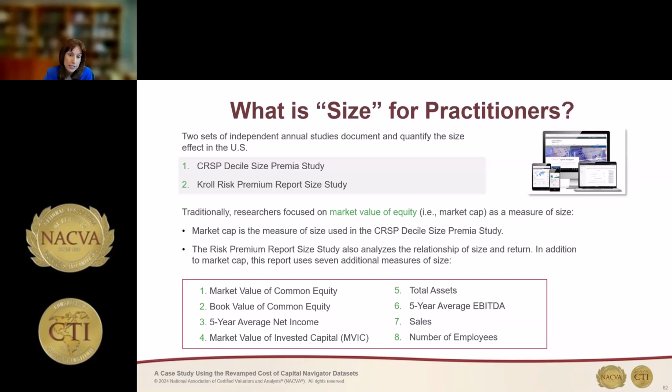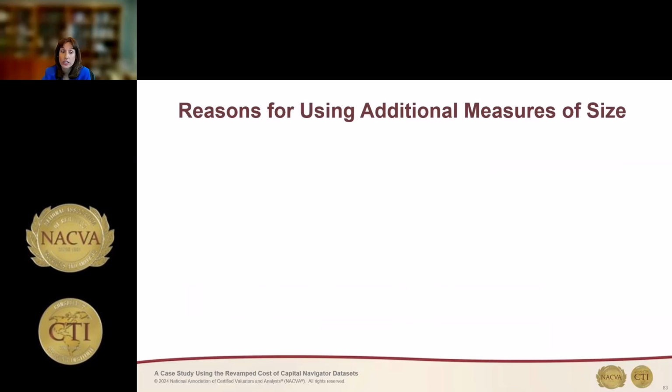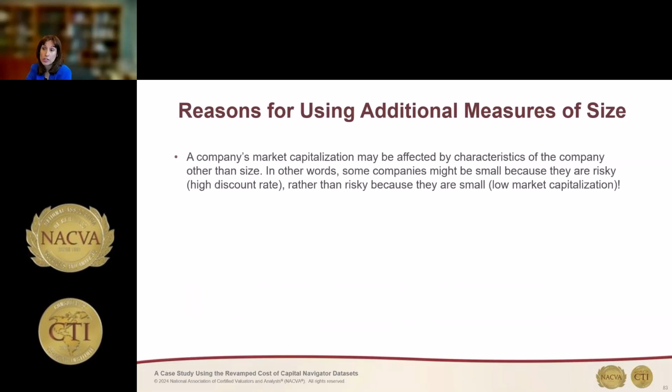So I think that using both studies is actually very, very useful. I wouldn't ignore the CRSP decile size study because a lot of the academics will suggest that having returns weighted by market cap is the way to go, whereas the risk premium report is based on equal weighted returns. But having said that, there's value to both studies.